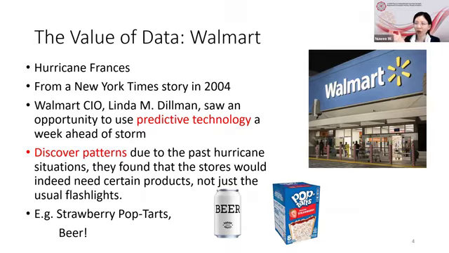This is from Walmart. So in Walmart in the USA, they use predictive technology in the sense of predicting what people will come to buy before the hurricane happens.